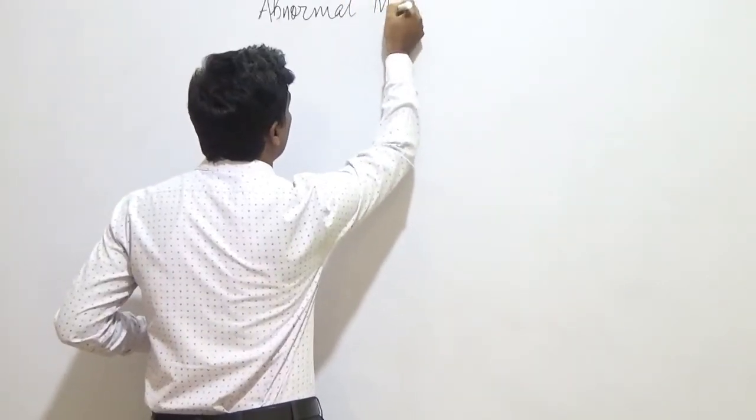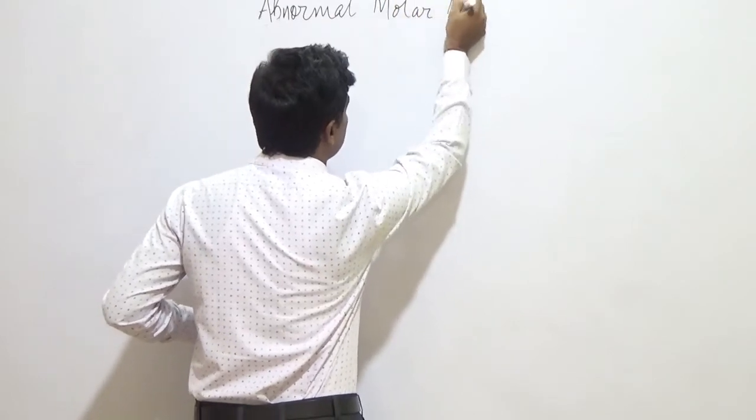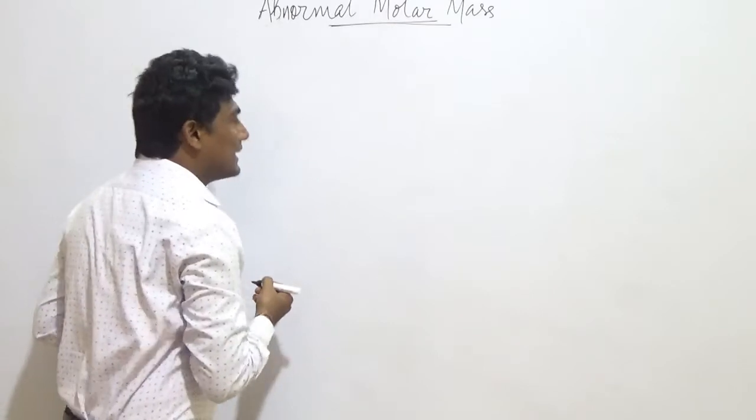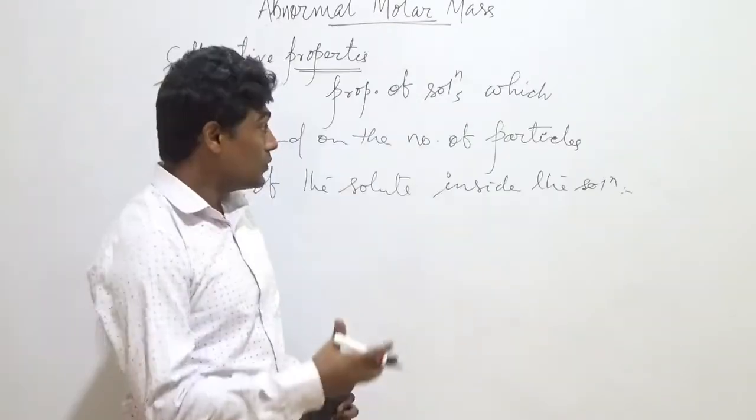So today we will discuss abnormal molar mass with respect to the determination of the molecular mass of an unknown solute from colligative properties. Abnormal molar mass. Okay, so why the abnormal molar mass?